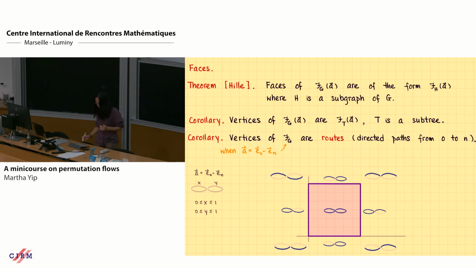He showed that vertices are supported by subgraphs which are trees, and as a corollary, we can determine the vertices of such a flow polytope. The vertices of such a flow polytope are indexed by routes, which are just maximal paths from the source to the sink. And again, you've seen this picture before if you went to William's talk.